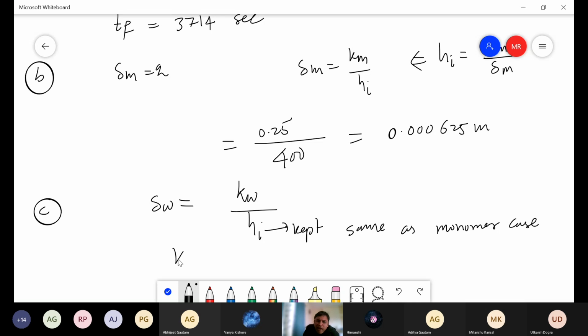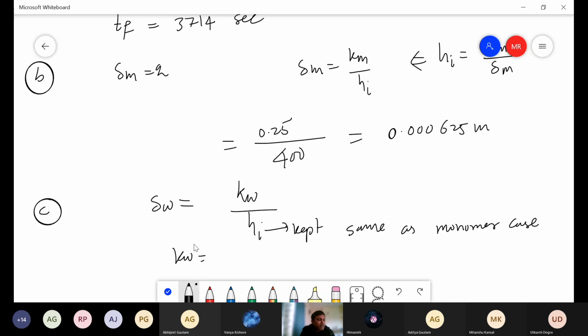Now KW we can find out. KW is the thermal conductivity of the water. You can find it in the tables given at the backside of the book, by B.K. Datta. If you look at a particular temperature, let's say 80 degrees Celsius, you can find out the thermal conductivity.